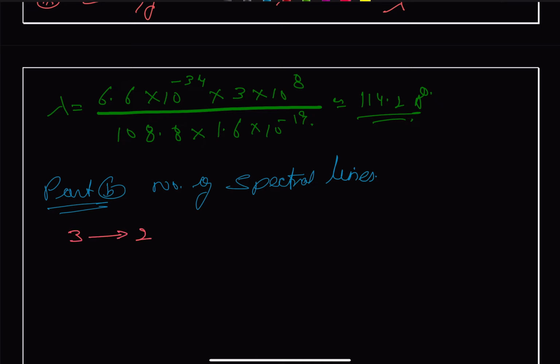From 3 it can go directly to 1, or from 3 to 2, and finally 2 to 1. So this gives us 3 lines.